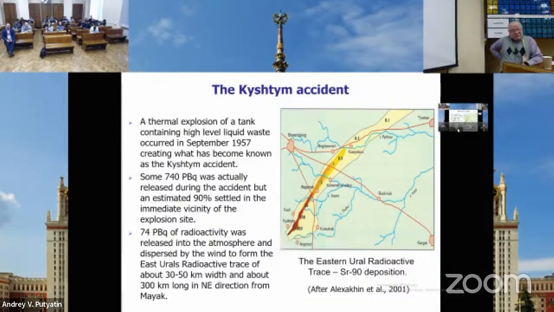It was a thermal explosion of a tank containing high-level liquid radioactive waste, which occurred in September 1957, creating what has become known as the Kyshtym accident. 740 petabecquerel was actually released during the accident, but 90% of this activity was deposited inside the industrial site of Mayak.